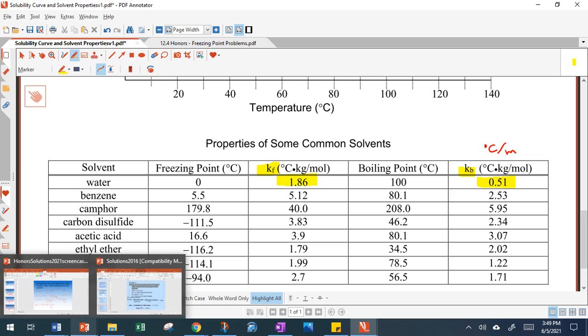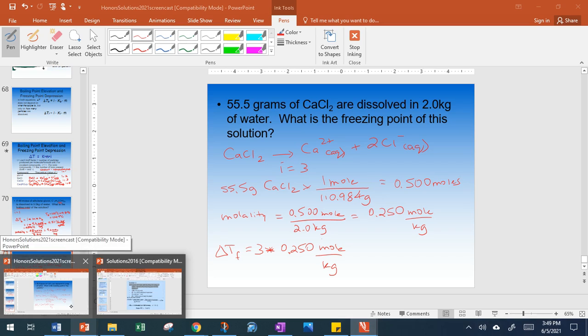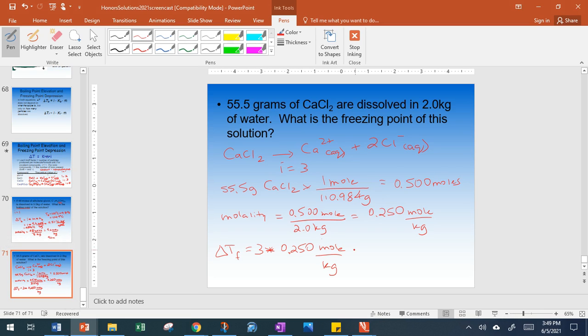So always be very careful if you're doing freezing or boiling. Times 1.86 degrees C kilogram over mole. And then we're going to get for this times 3 times 1.86. We're going to get 1.395. And I'm keeping a lot of sig figs, but here I can see the minimum I have is 2.